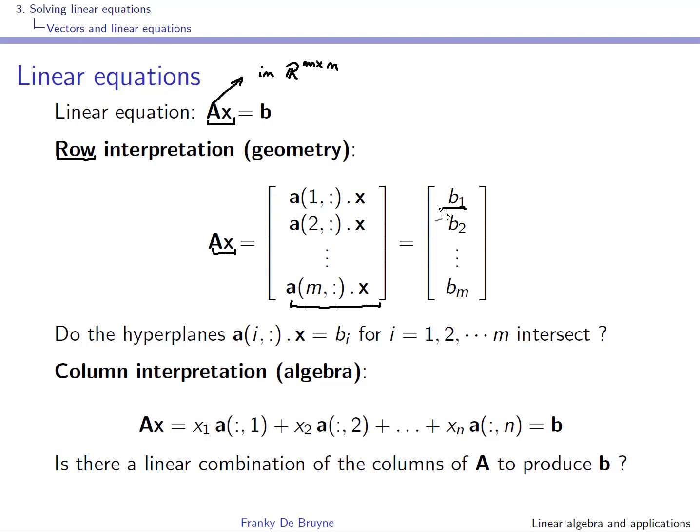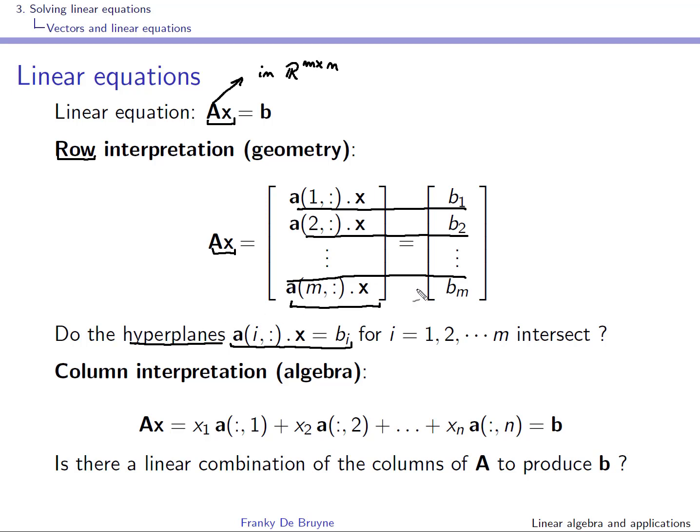This leads to a number of equations, M equations, and if you look at it, these equations for i going from 1 to M correspond to the equations of hyperplanes. So the question, is there a solution to AX equals B, is the same as, do the M hyperplanes intersect?